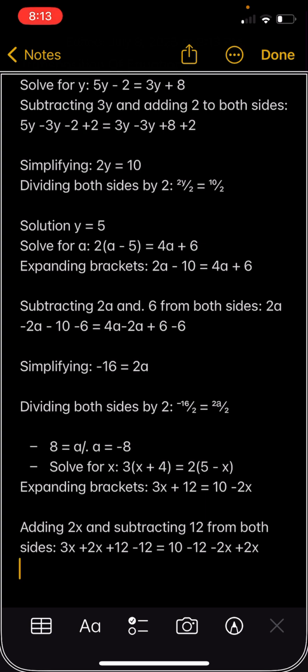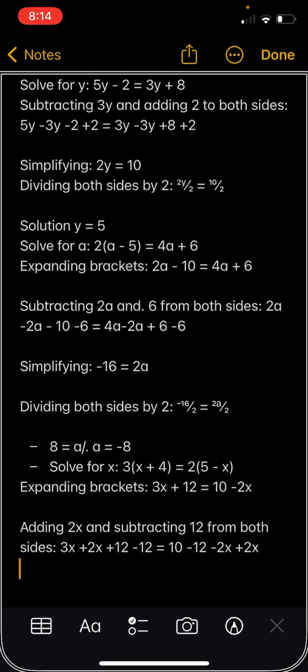We have 3x plus 2x plus 12 minus 12 is equal to 10 minus 12 plus 2x.